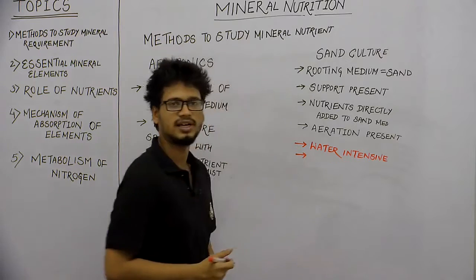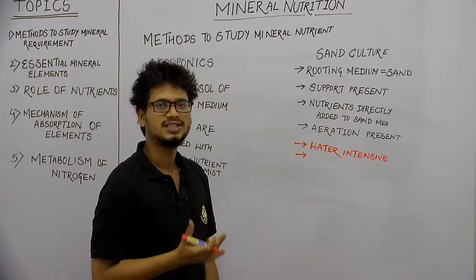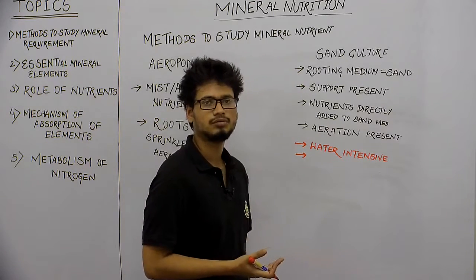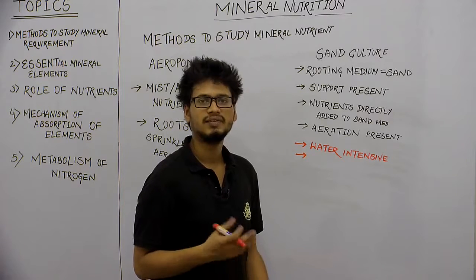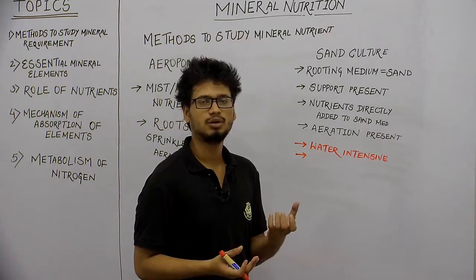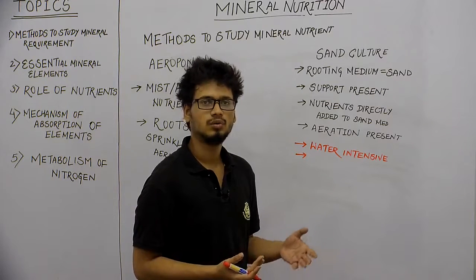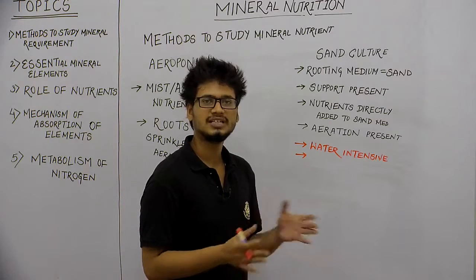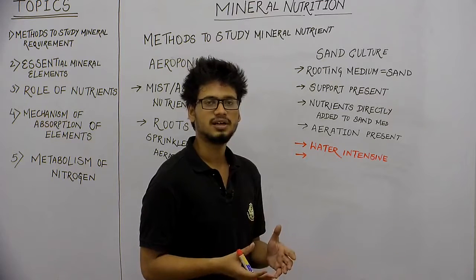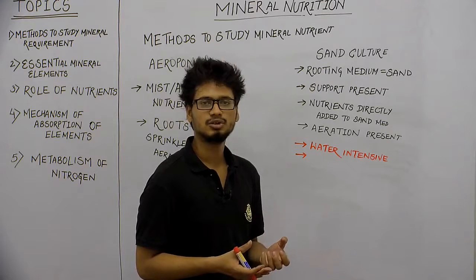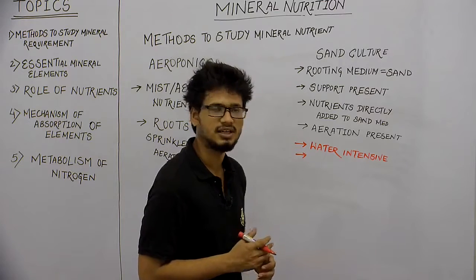Plus, sand changes its temperature very quickly. In winter the temperature of the sand goes very low, and in summer it goes very high. So this fluctuation of temperature extremes can damage the plant tissues very easily.